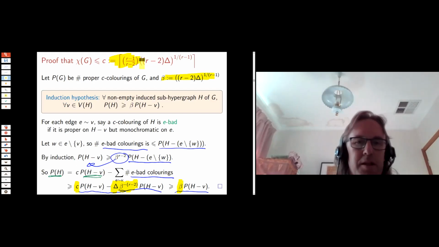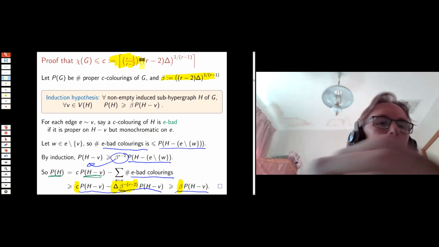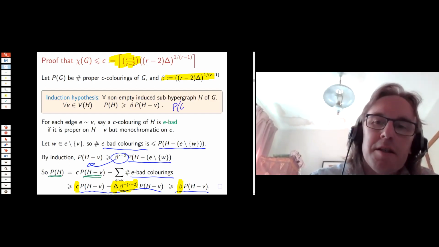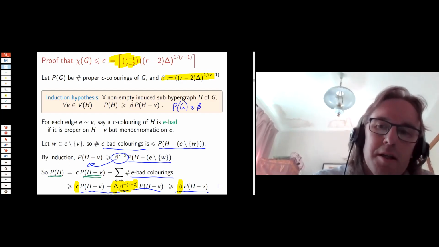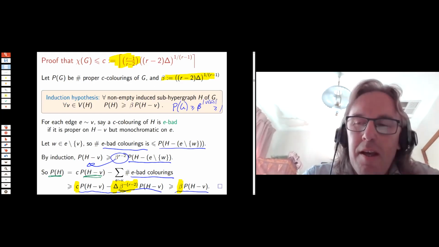We've now shown the induction hypothesis, and this induction hypothesis applied to the original graph G says that the number of colorings of G is at least beta to the number of vertices of G, which of course is at least 1. So there definitely exists a coloring. In fact, there are exponentially many of them.